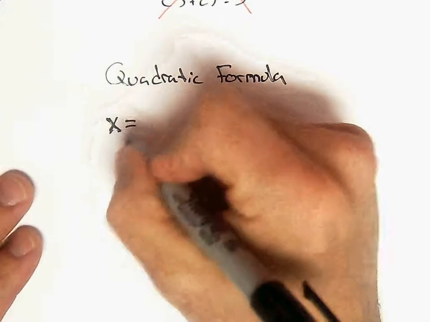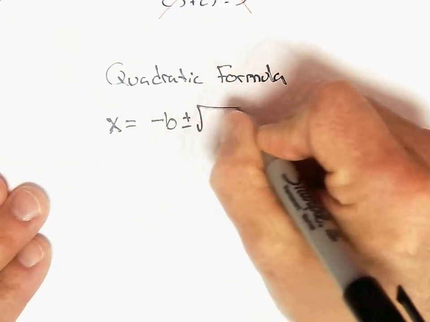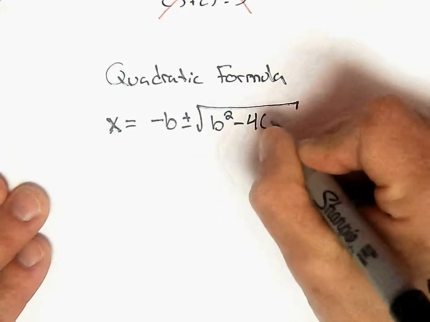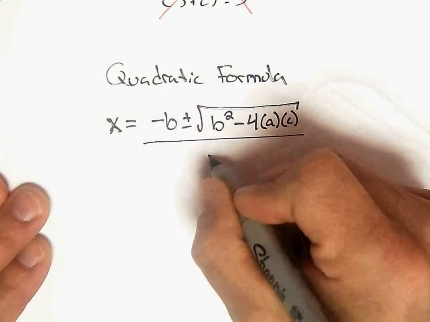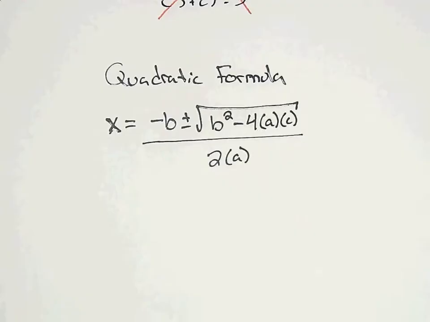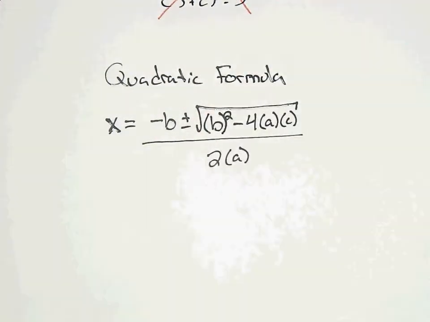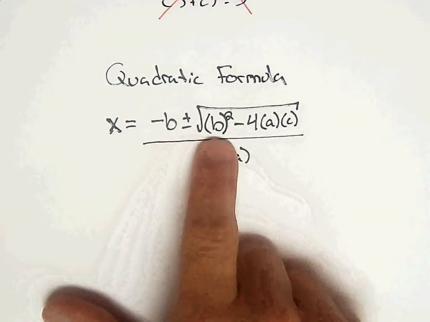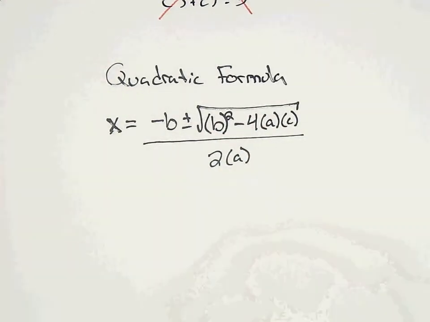So x equals the opposite of b plus or minus the square root of b squared minus 4 times a times c, all over 2 times a. Okay? So let me put parentheses around this b here. That's going to be important later. So the quadratic formula: opposite of b plus or minus the square root of b squared minus 4ac all over 2a. Good news, you don't have to memorize this.